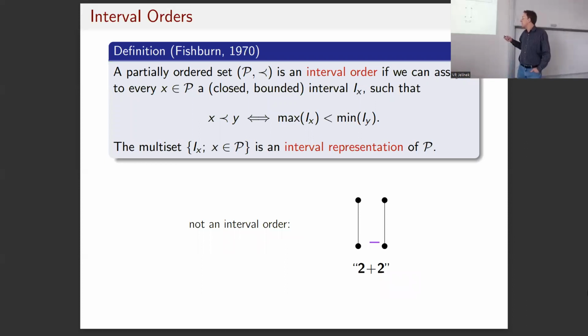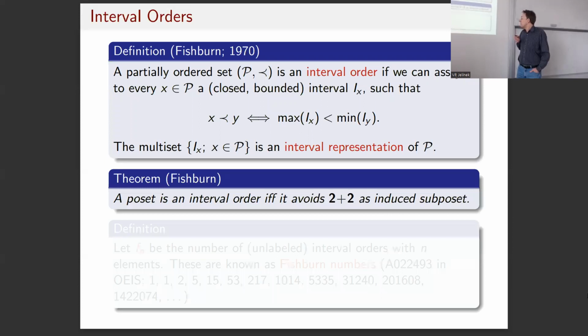In fact, this is the unique minimal poset which is not an interval order. Fishburn himself has proven that a poset is an interval order if and only if it avoids 2+2 as an induced subposet.